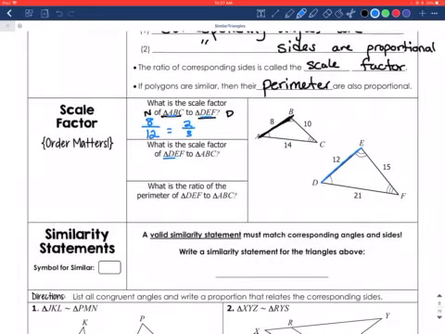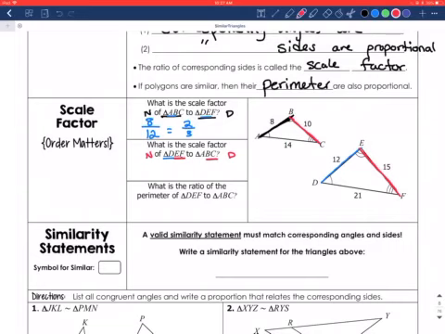Now we can go the opposite way. We can say, what is the scale factor of DEF when compared to ABC? So we can do that exact same thing, and we can even use a different side. So let's use EF and BC. Well, BC is 10, and EF is 15. But again, whatever comes first, we're putting in the numerator, and whatever comes last, we're putting in the denominator. So we're comparing triangle DEF to ABC.